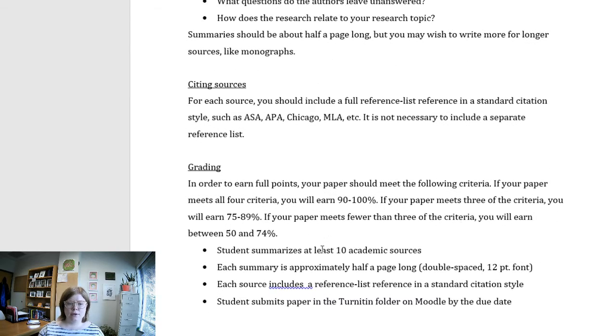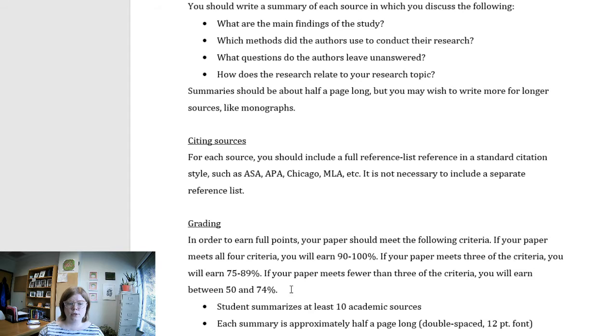Lastly, I want you to cite each source using a standard citation format. I want you to basically introduce each source using a reference list style reference, followed by the summary. So this should be in a standard citation style, but I understand that you're coming from different behavioral science disciplines, so it's okay to use a style that relates to your discipline.